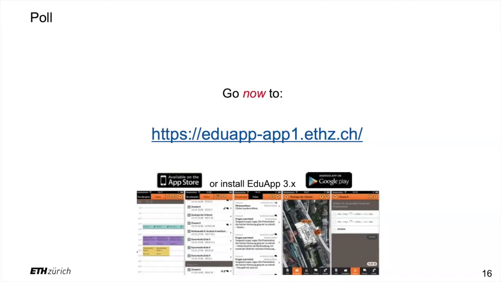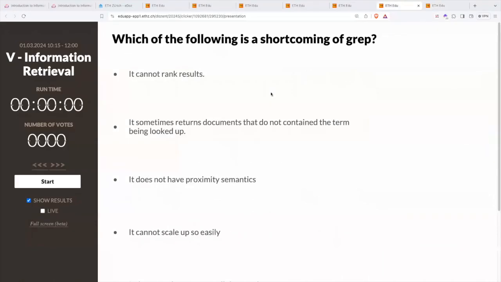But I would like to ask you this. Which of the following is the shortcoming of Grep? Basically, it has limits, right? You cannot just use this and then be done. Otherwise, the course is over and goodbye and see you at the exam, right?